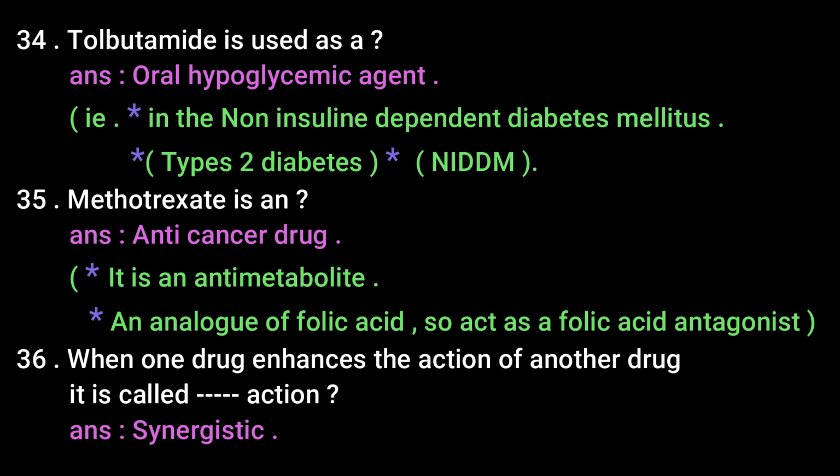Methotrexate is an anticancer drug. It is an antimetabolite and is included in the folic acid antagonist classification of cancer chemotherapy. Then the next question, when one drug enhances the action of another drug, it is called synergistic action.